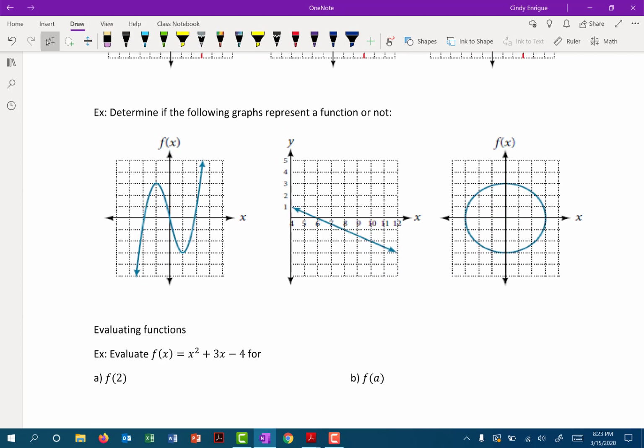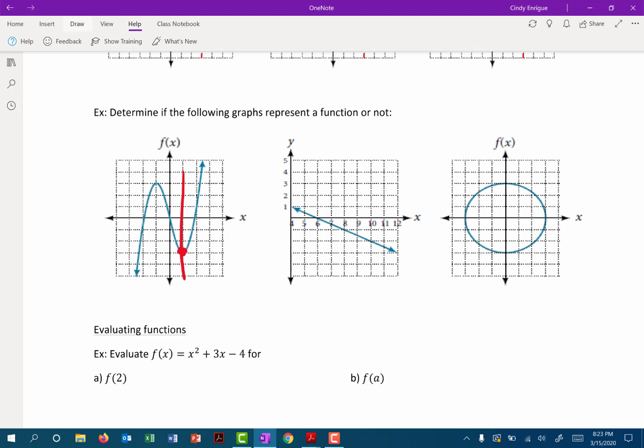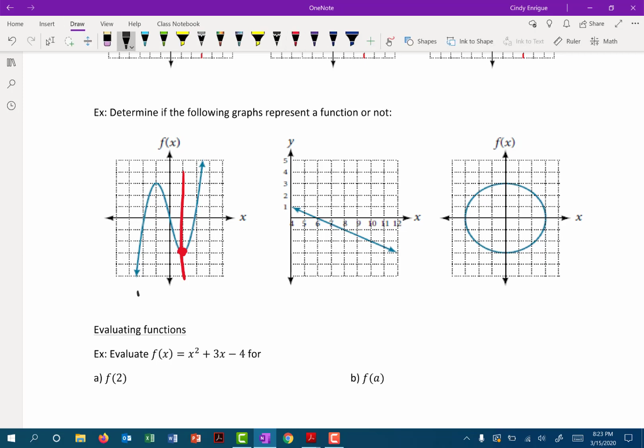And so we have some more down below. I can see that if I were to draw my vertical line straight up and down, it crosses at most once. So I know that this is definitely going to be a function.